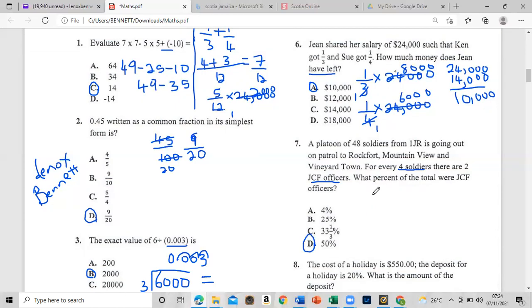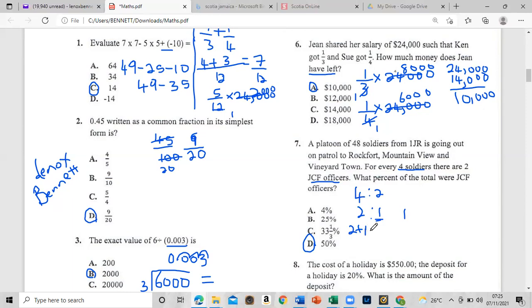Suppose they ask me a different way. You could have put it in ratio base, right? So 4 to 2, that's a ratio. I got the answer, but I just want to show students. And then you divide both of these. So we can break down the ratio to 2 to 1, right? So this is JCF, this is soldiers. So 2 plus 1 is 3. That's the first thing we have done, to find the total ratio.